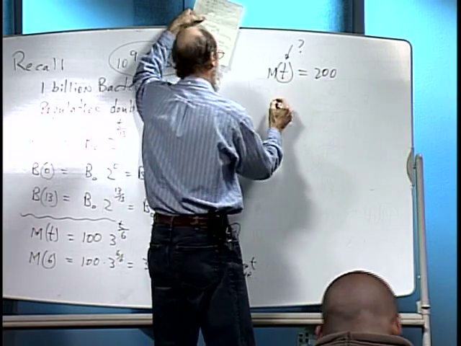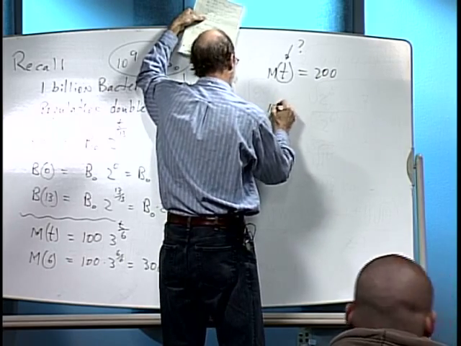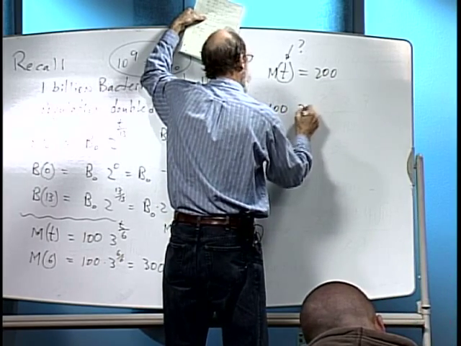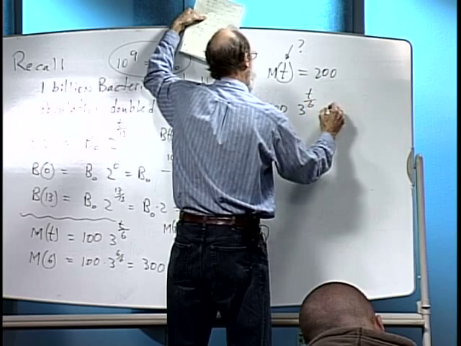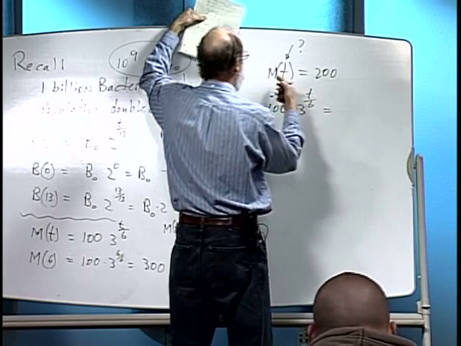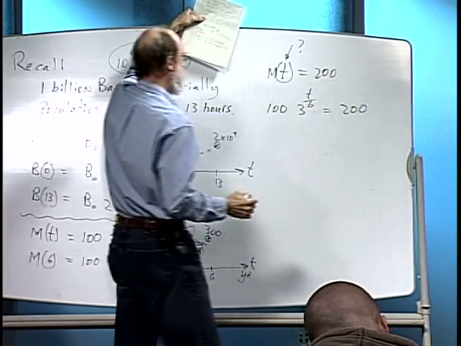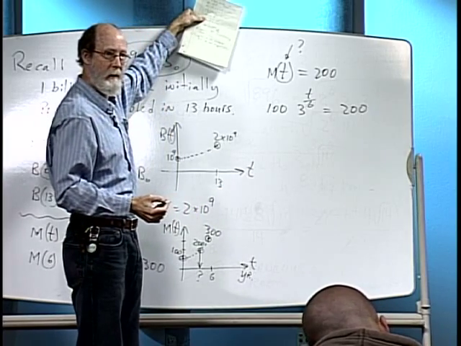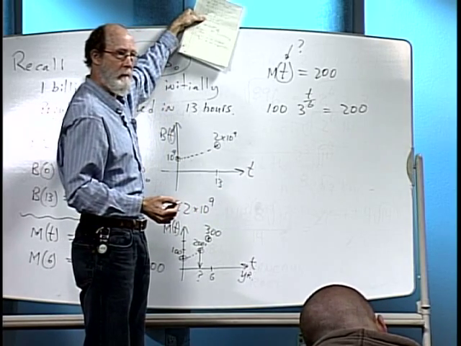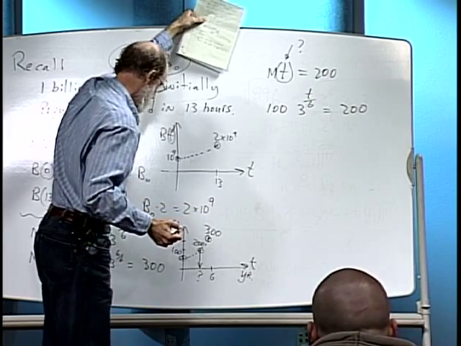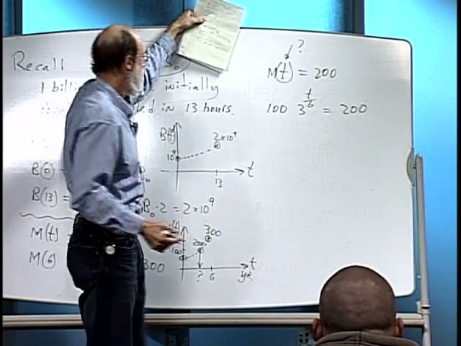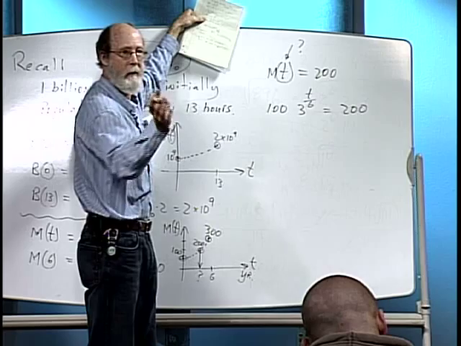Our model is 100 times 3 to the t over 6 equals now m of t. Okay? Everybody with me?